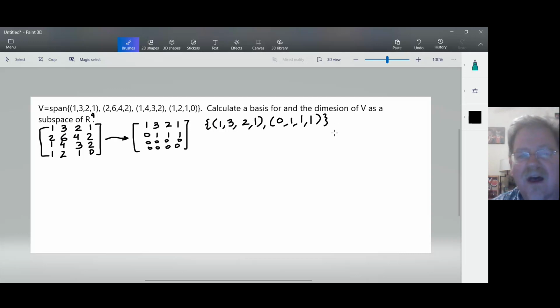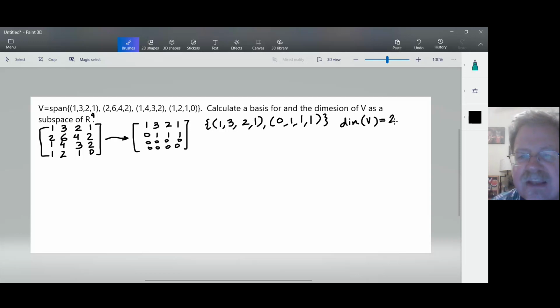Meaning any of those four vectors given in those braces can be written as a linear combination of these two vectors. And because it was just two vectors, the dimension of V is 2.